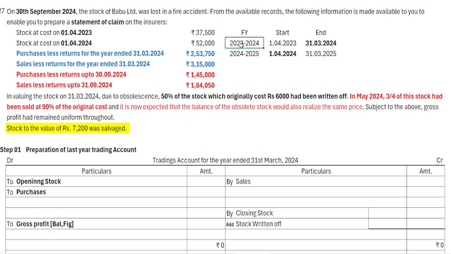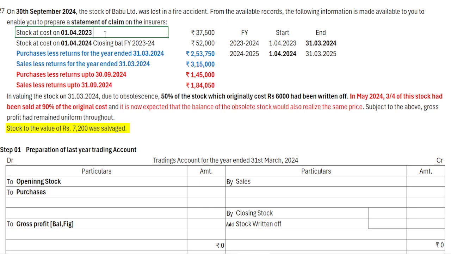So this is the closing balance for the financial year 2023 and 24.